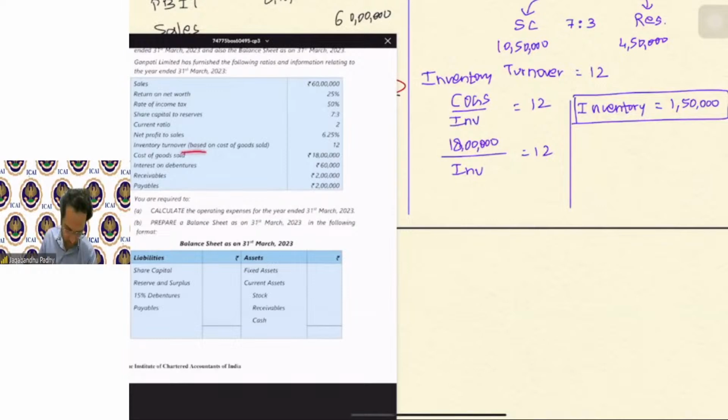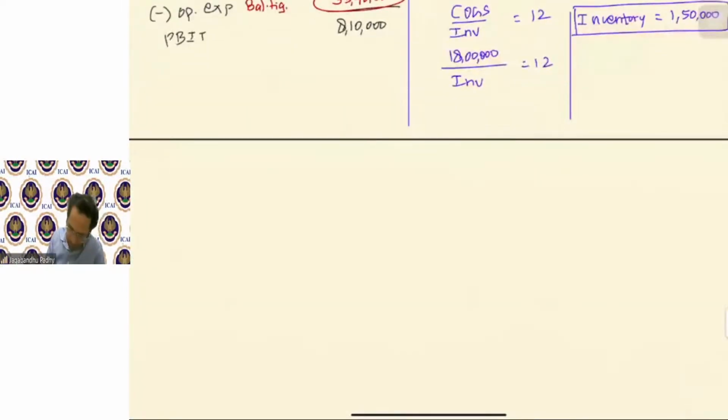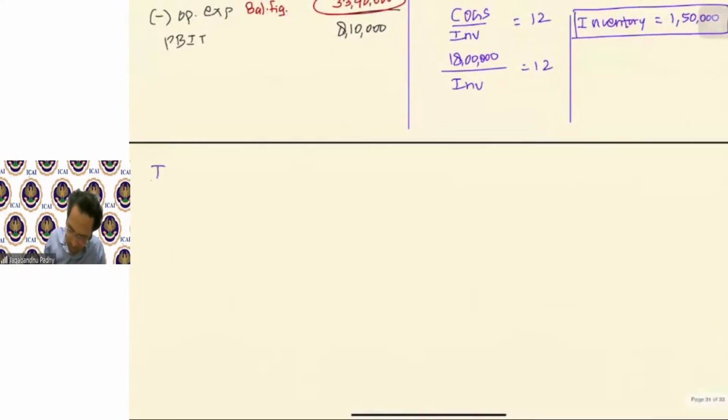Okay, so inventory turnover and COGS are given, interest on debentures, payables and receivables are given already. Interest on debentures is 60,000, and there's a hidden part over here which says that the interest rate is 15%. So interest on debentures and the rate can be used to compute the amount of debentures.